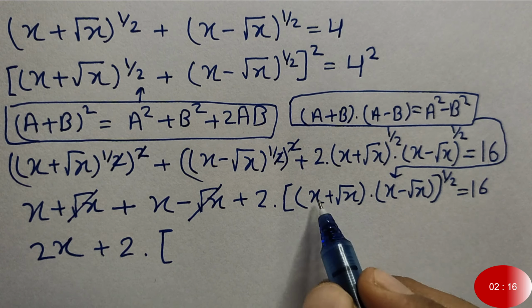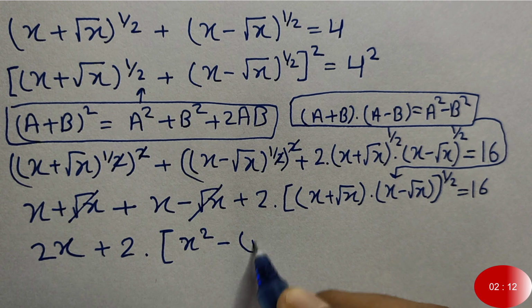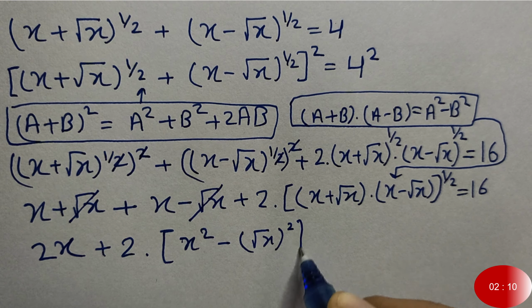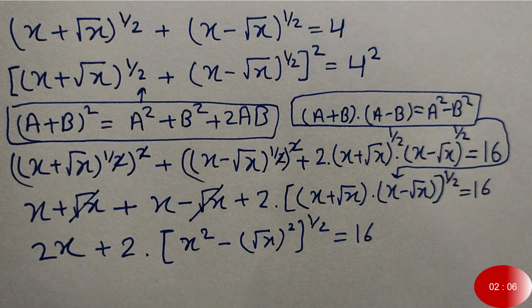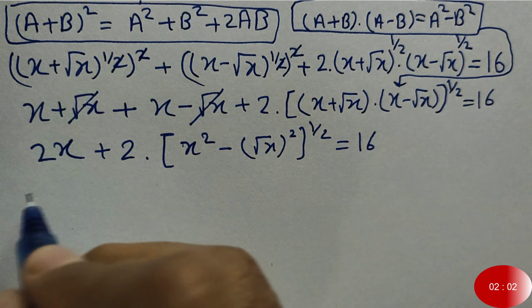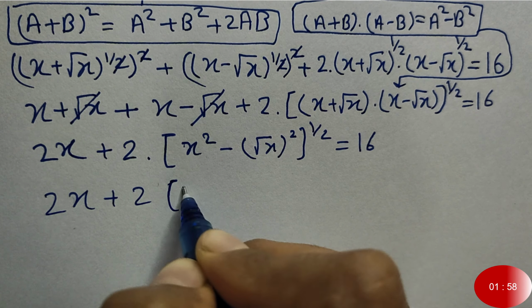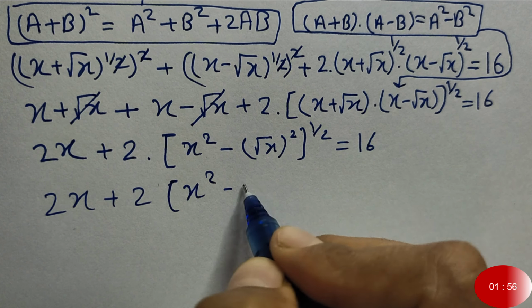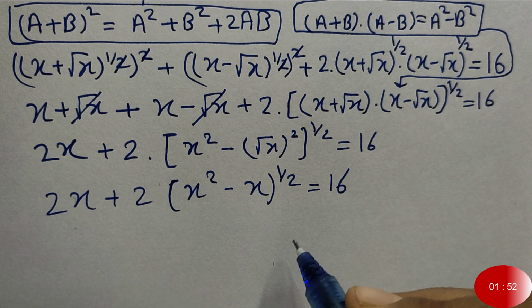So we get a², meaning x², minus b², meaning (√x)², and the whole power 1/2 is equal to 16. So further we simplify this and get 2x plus 2 into (x² − x)^(1/2), where (√x)² means x, is equal to 16.